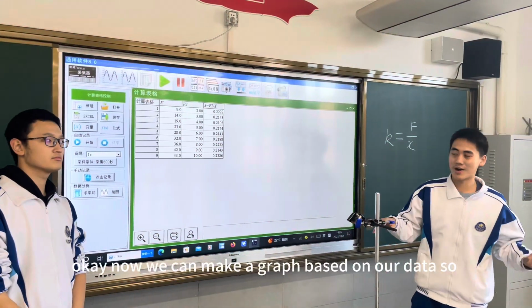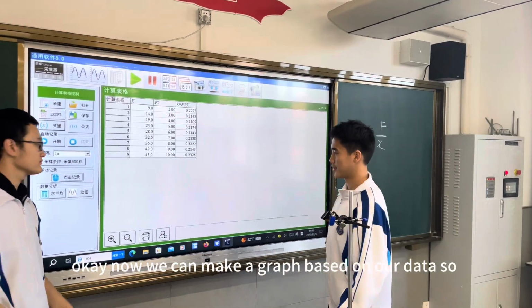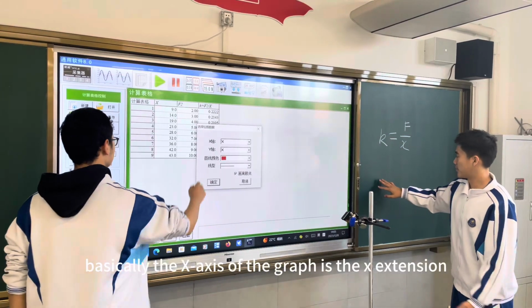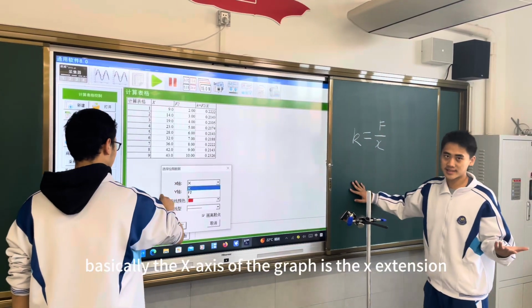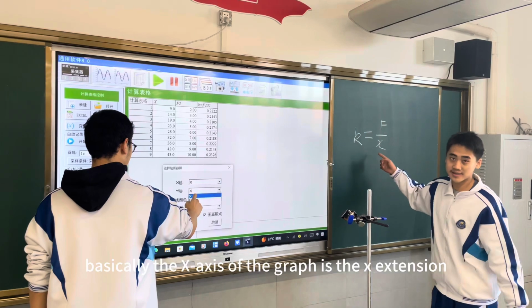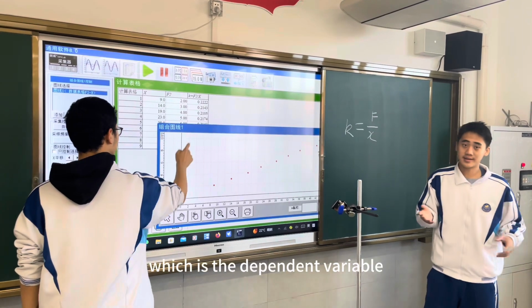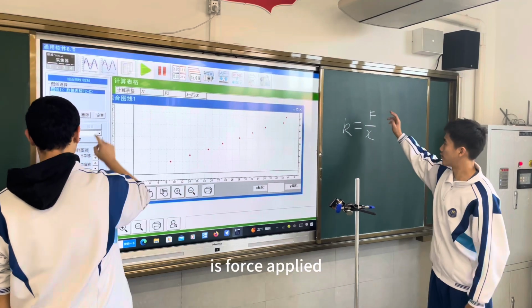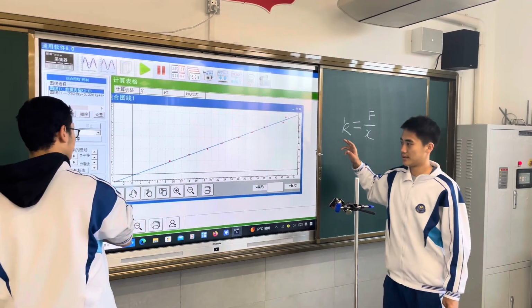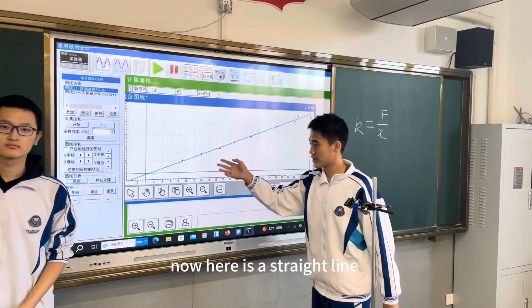Okay, now we can make a graph based on our data. The x-axis of the graph is the extension X, and the y-axis, the dependent variable, is the applied force. Now here is a straight line.